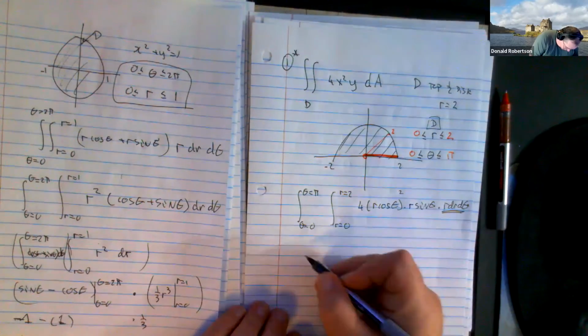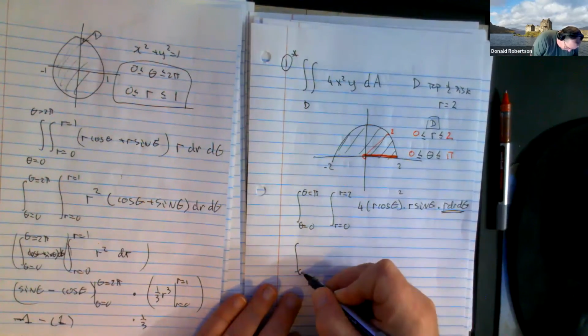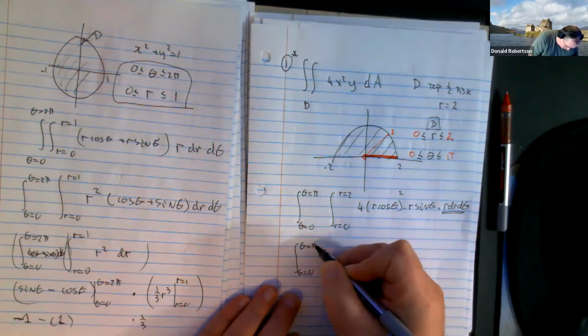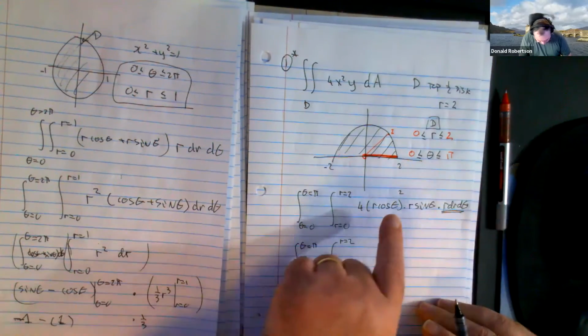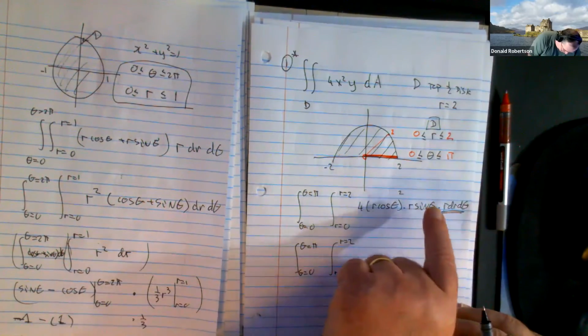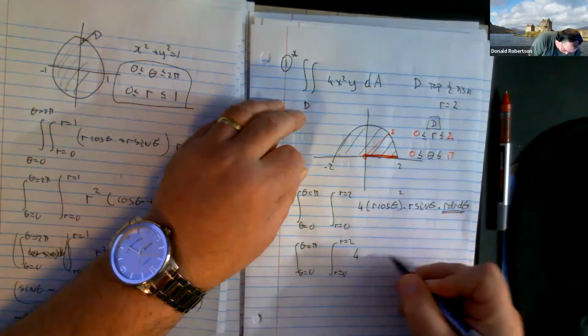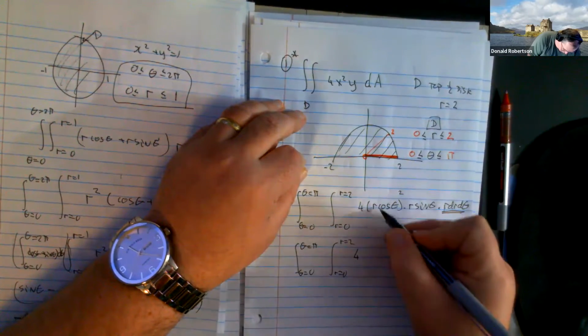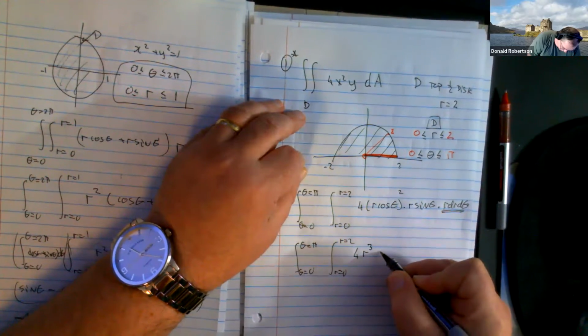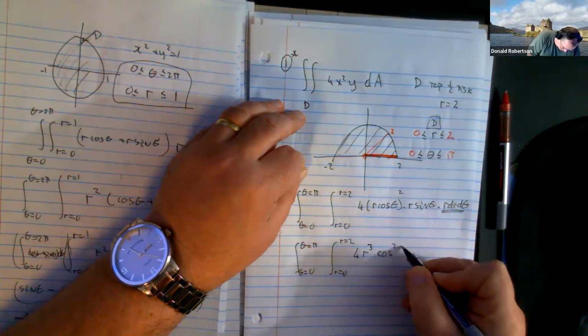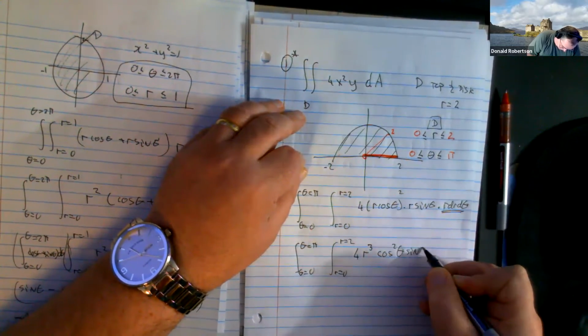Now, in this particular one, if you square that and multiply by that and by that, I believe you get 4r cubed cos squared theta sine theta dr d theta.